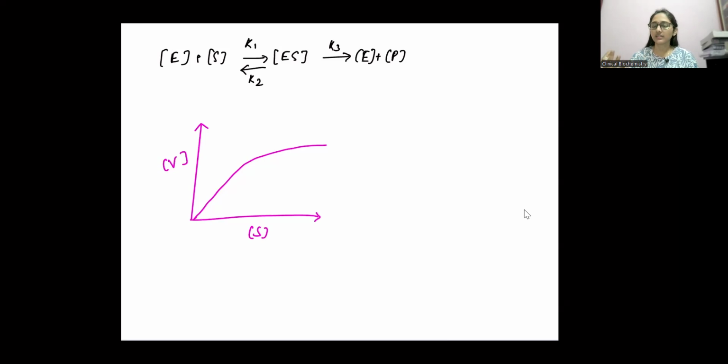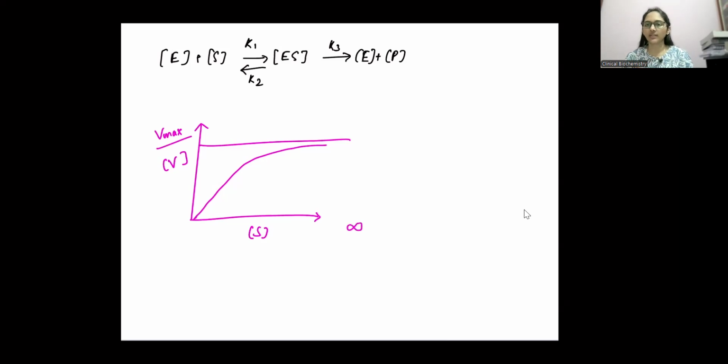But when does the reaction attain a maximum velocity? Yes, this point is what you call the maximum velocity or the Vmax. It attains the maximum velocity at infinite concentration. So you can't estimate it, is it not? So at a concentration of infinity.